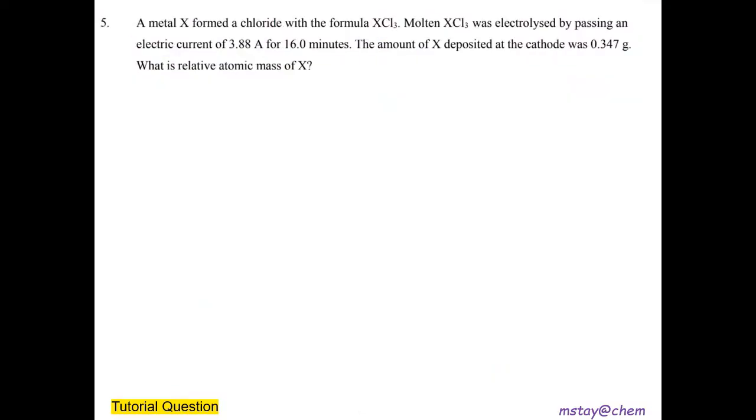Tutorial question number 5. A metal X forms a chloride with the formula XCl3. So from here, we know that the charge for X is 3 plus. And here we can see the word molten, so it will be liquid, was electrolyzed by passing an electric current of 3.8 ampere for 16 minutes.